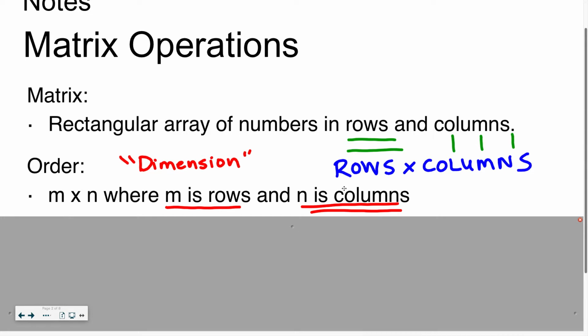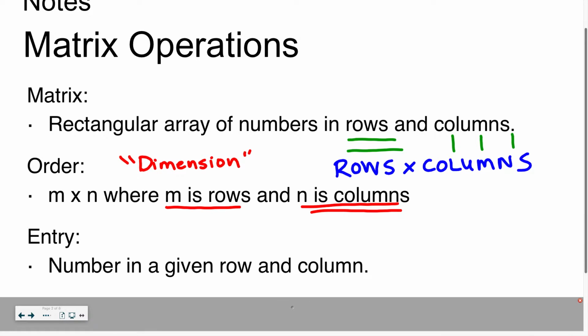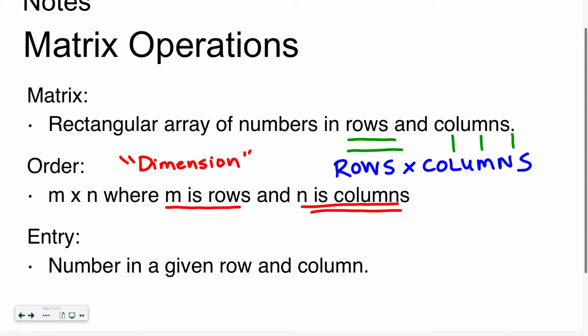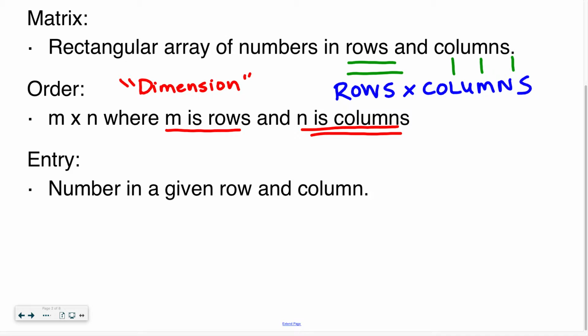The last little vocab bit that you'll need to know is the entry. An entry in a matrix is one of the numbers that's in a specific row and column.